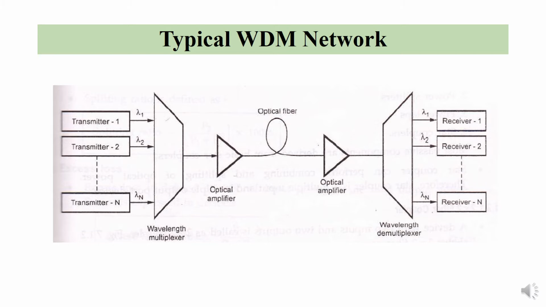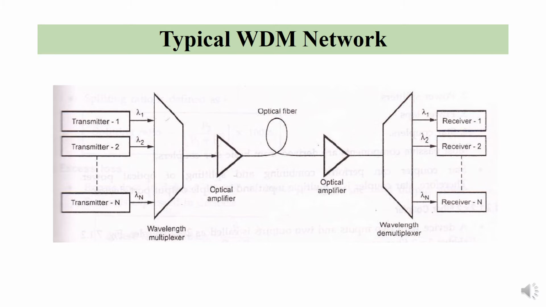So in this figure we can see a typical WDM network. We have a transmitter, for example transmitter 1, which is operating at a certain wavelength, that is lambda 1. Like that we can place n number of transmitters, and when I say transmitter here, there may be a whole network behind this.